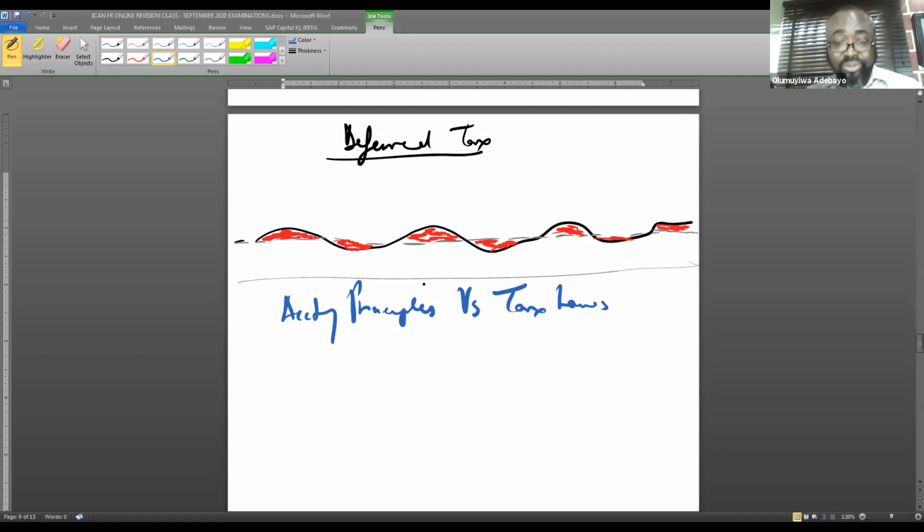Sometimes they have common ground, other times they have differences. And these differences are what always vary our accounting profits from our taxable profits. And that's why you find that three key impacts differentiate our accounting profit from tax profits. The first one is the tax adjustment, if you remember.